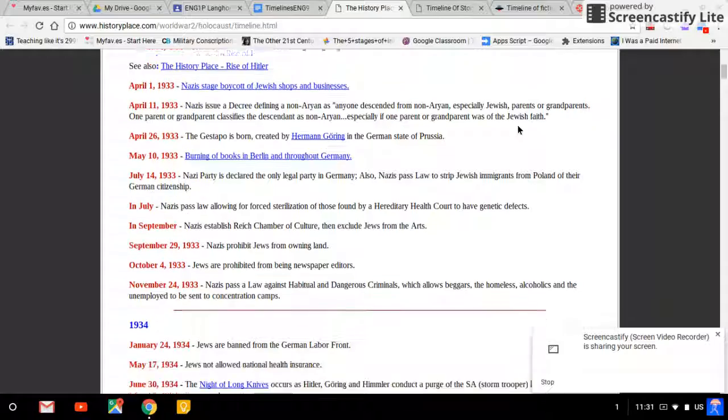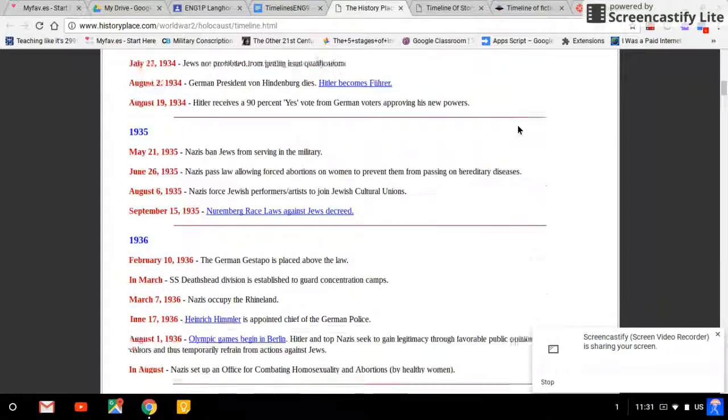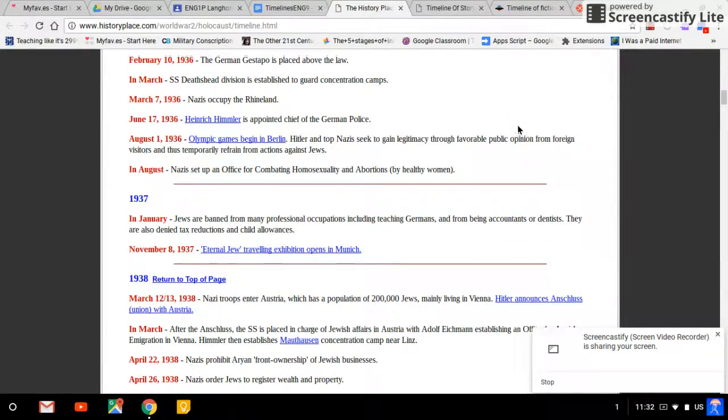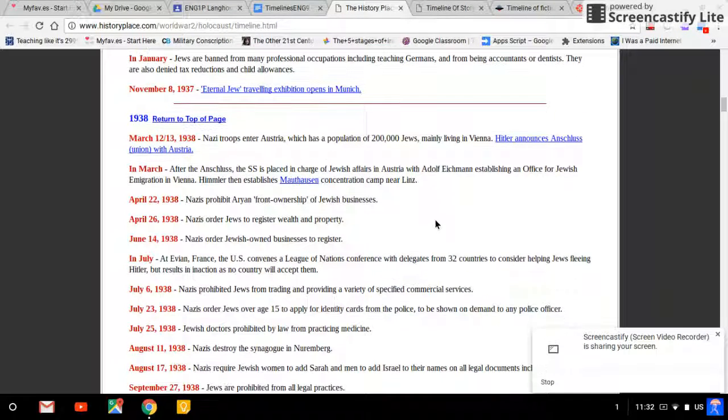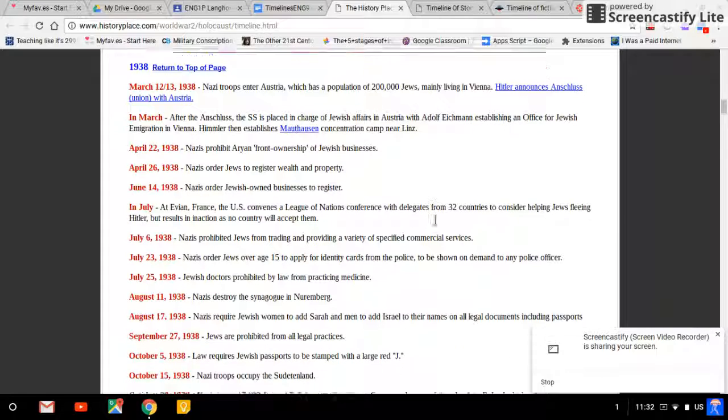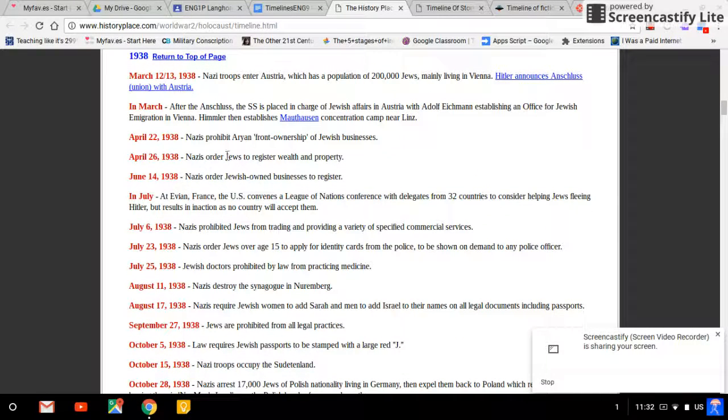And the most important thing about this is when you start looking at some of these dates and some of the significant elements, you can really see a lot of parallels to other historical events like this particular world event. Pretty dangerous, pretty scary, especially things like people are ordered to register their wealth and property.